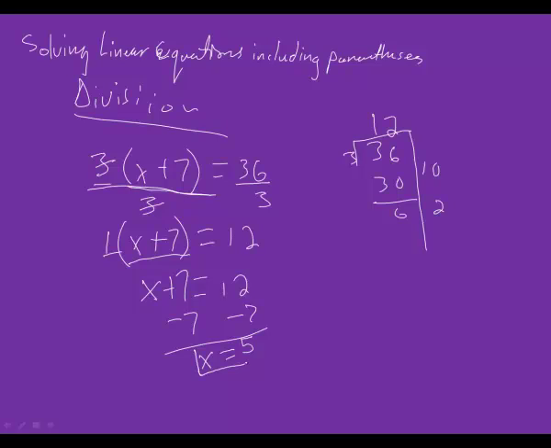Okay, so that is hopefully my answer, but I want to check my work. So to check, remember we take this 5 and we substitute it into the original equation for x. So what that leaves me with is 3 times 5 plus 7 is equal to 36.